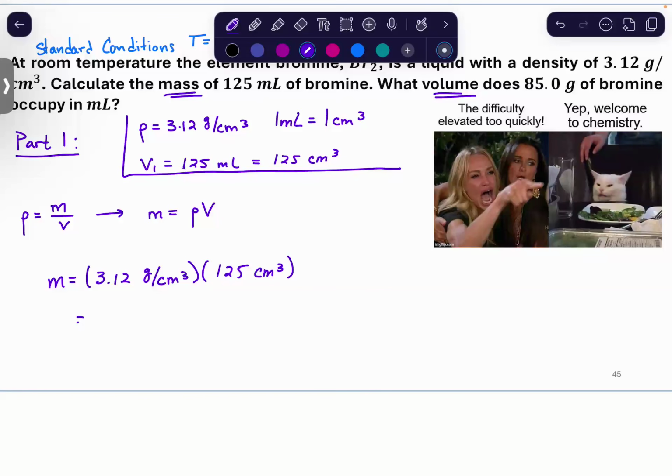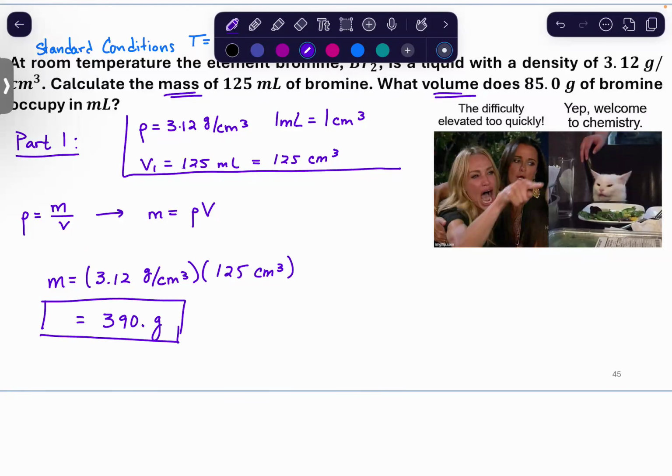So my final answer, when you multiply this up, you get 390. That's kind of an uh-oh because right now this is only two significant figures. So to make sure that I get it to 3, I'm just going to put a decimal point on it. And that's going to be 390. grams. That's the mass of 125 milliliters of this bromine.